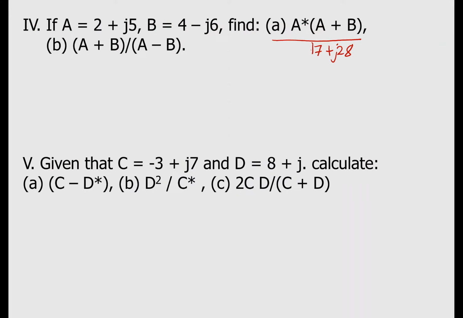So we have here for b, negative 0.184 minus 0.512 j. Very simple. And then we do the same process for set 5.